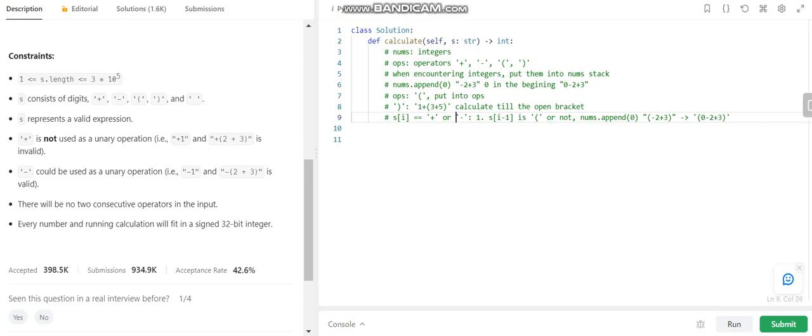Actually, we only need to check when Si equals minus sign whether Si minus 1 is an open bracket or not, because according to the description, we know that plus sign will not be used as a unary operation, so this case will not happen.